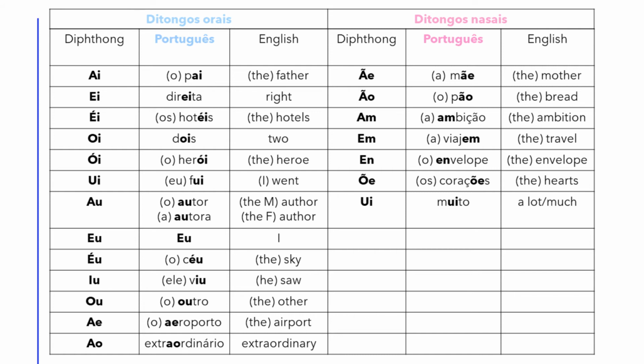Em, a mãe, the mother. Ão, o pão, the bread. A ambição, the ambition.